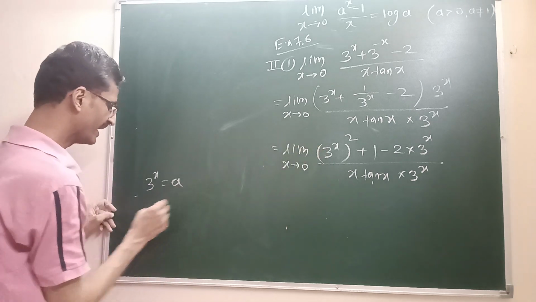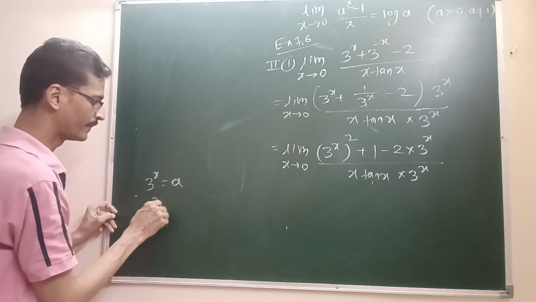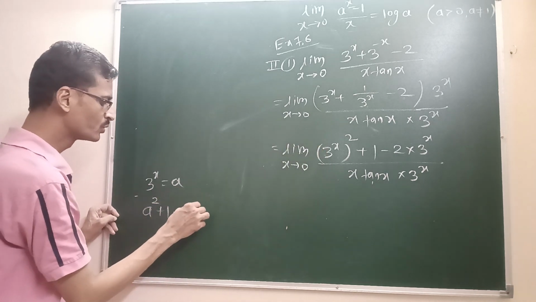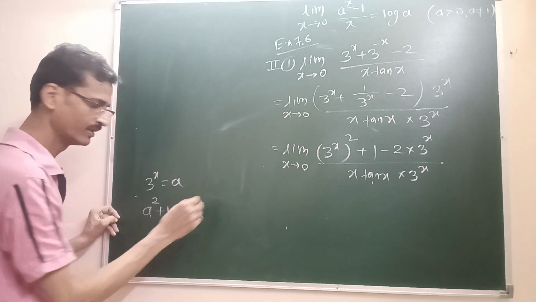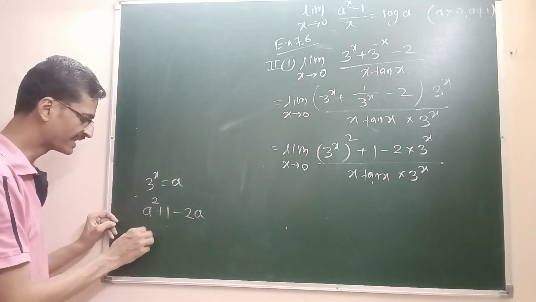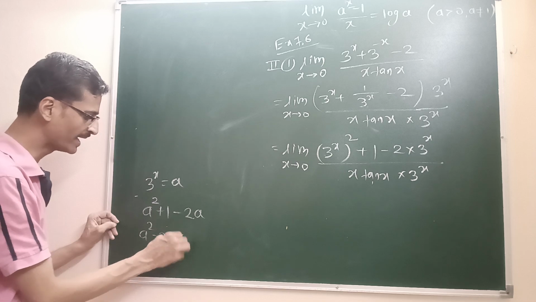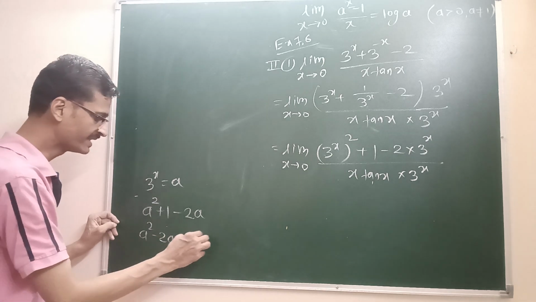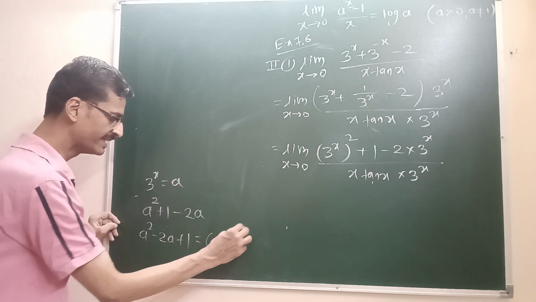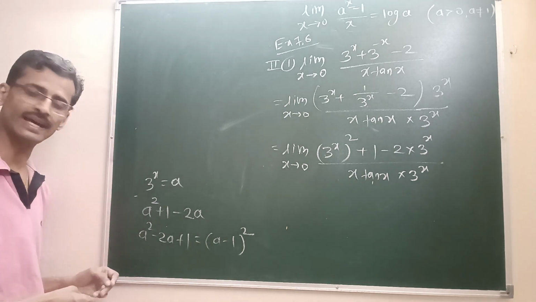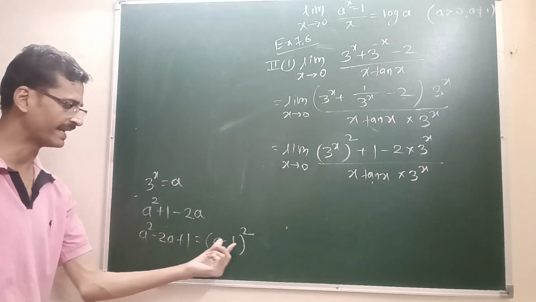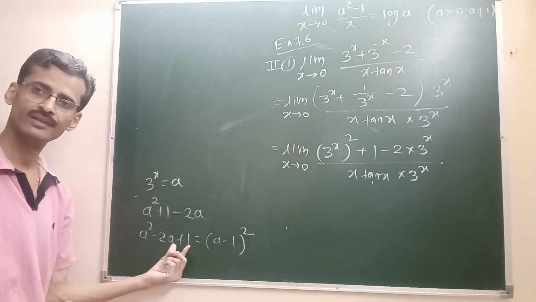So we will get a square plus 1 minus 2a, which we can write as a square minus 2a plus 1. And we know that this is a minus 1 whole square.